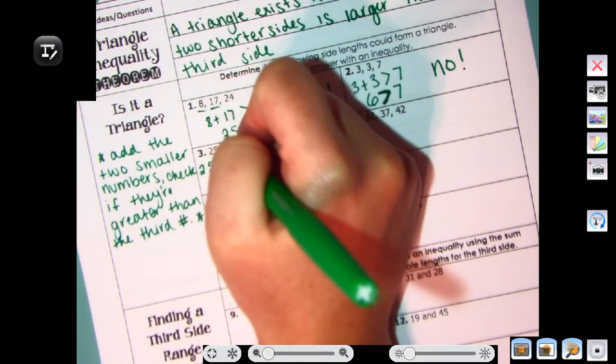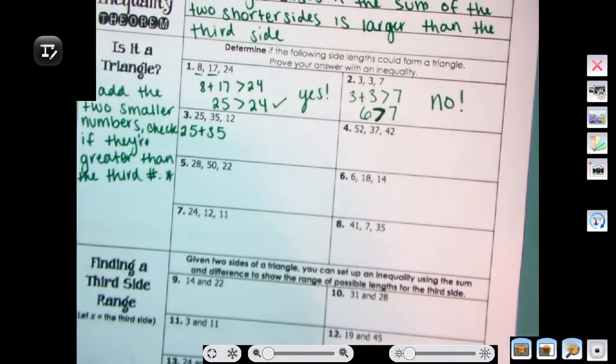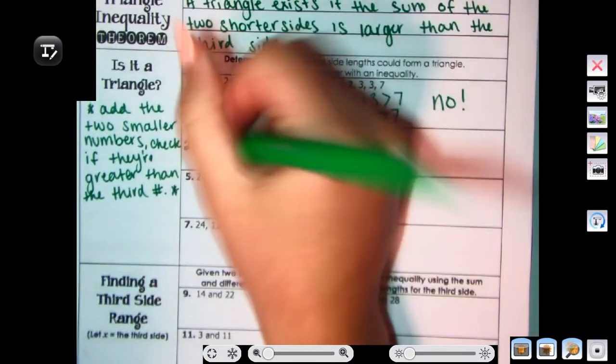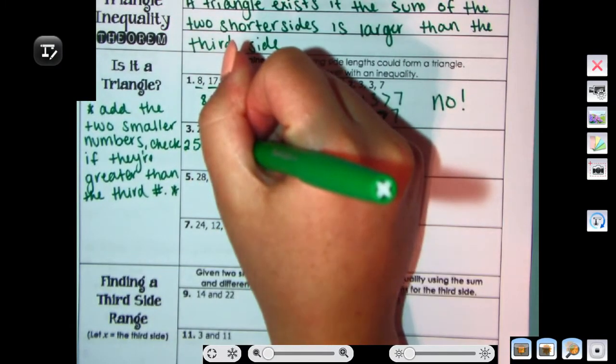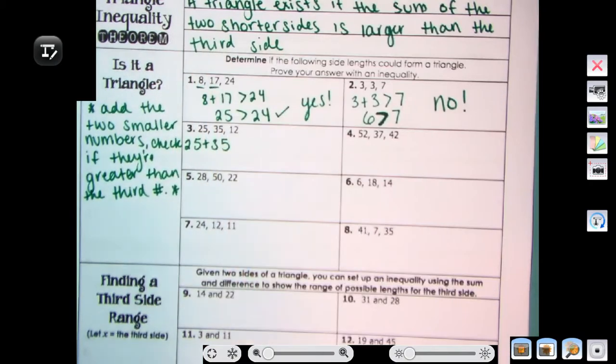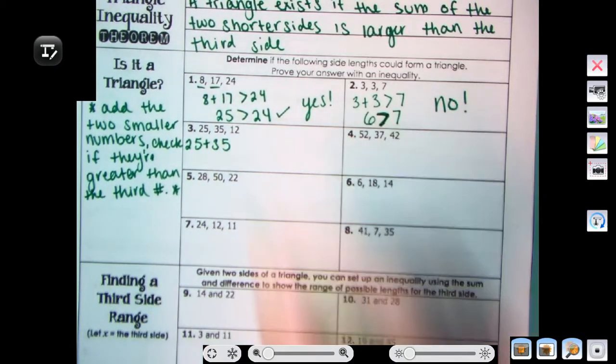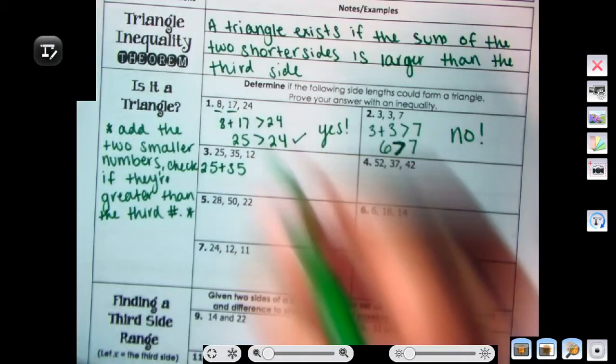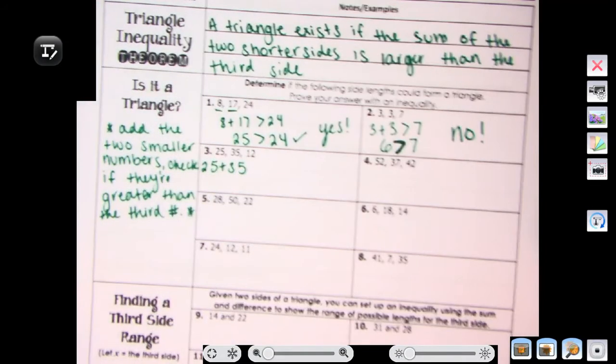25 plus 35. Is that going to give me something that's greater? Oh, I just did that out of order. I meant 25 plus 12.